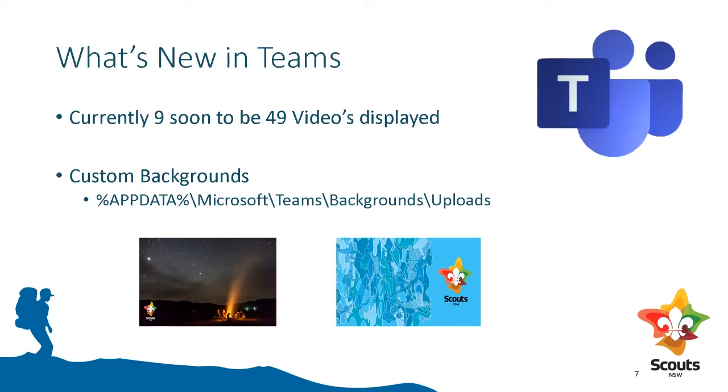That's all you need to do, and you'll be able to choose your custom background. That's pretty exciting, and I believe the Scout backgrounds are already up on the Zendesk, so they're already available for us.